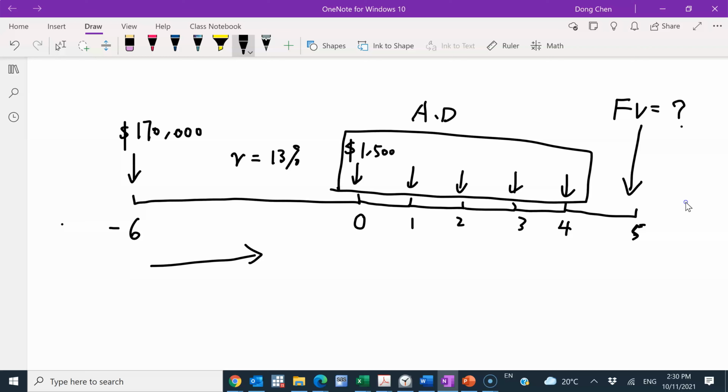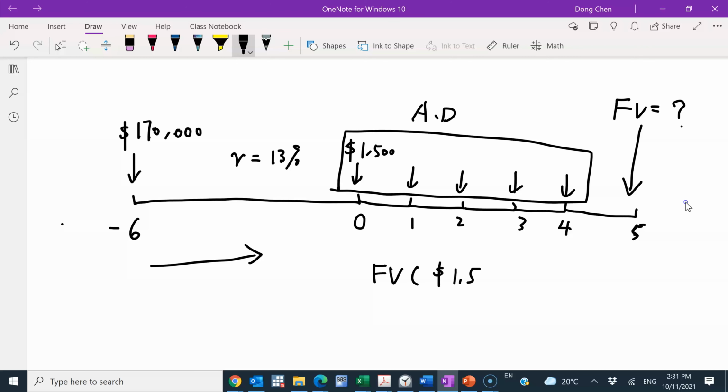And then we will also need to add the future value of this $170,000 lump sum cash. It's 6 years ago relative to the current point, but then another 5 years to go. So 6 plus 5, we're going to compound this lump sum one-time cash flow of $170,000 for 11 years. Then we add up these two future values, and that will become our future value. So let me write down what that means.